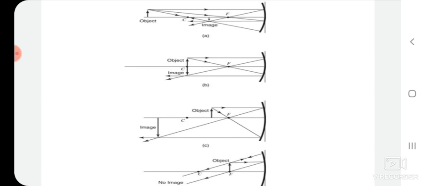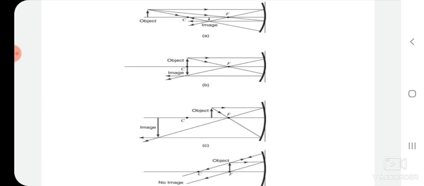In the fourth case, the image is formed at an infinite distance. In the first 3 cases, images are real. So we can note that real images are formed by light that converges after reflection. Also, real images are always inverted.